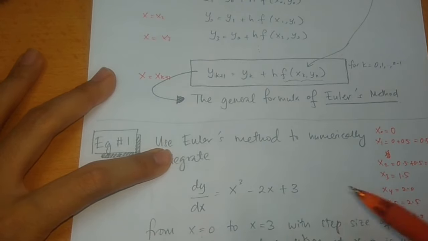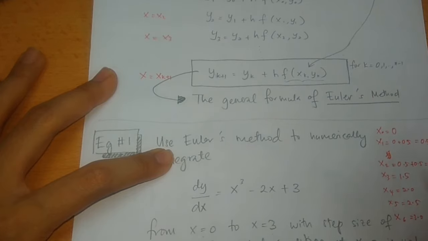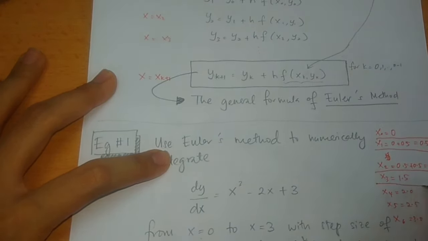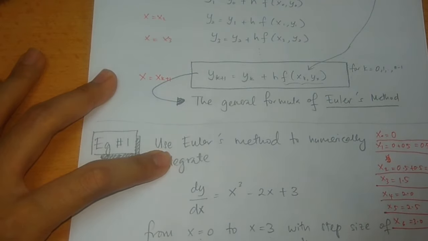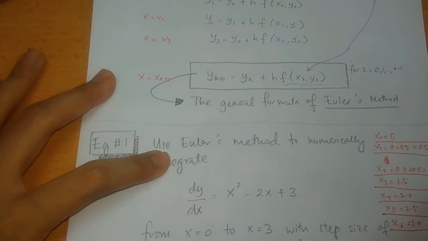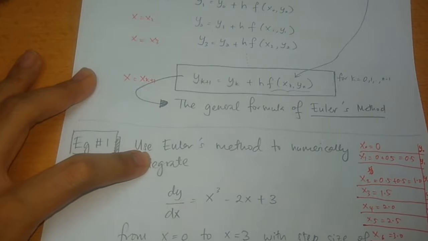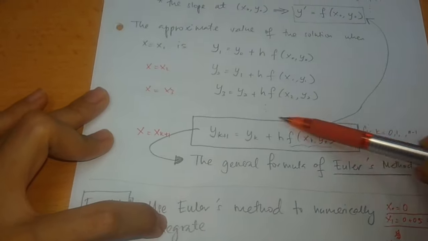So you have all the x values here, and your job now is to find out the values of y0, y1, y2, y3, I hope you can see this, y4, y5 and y6. You are trying to find these values using this formula here.